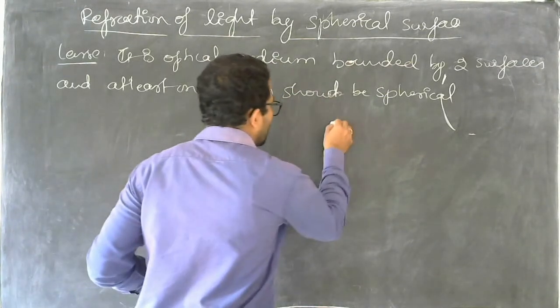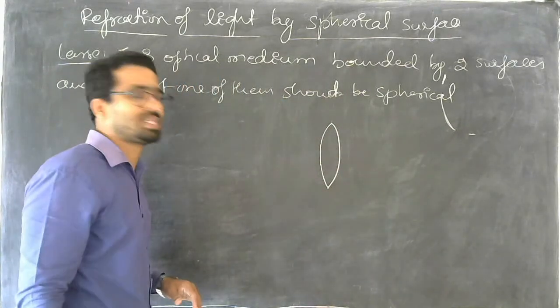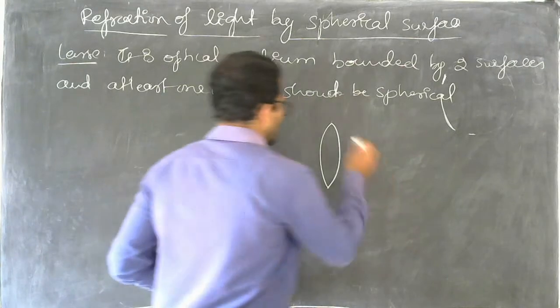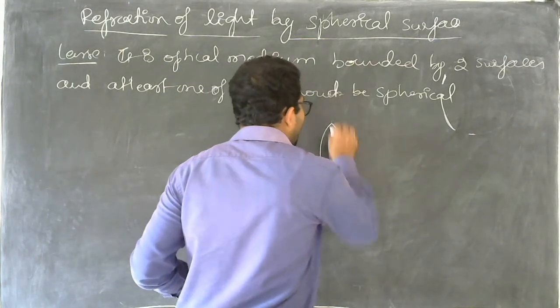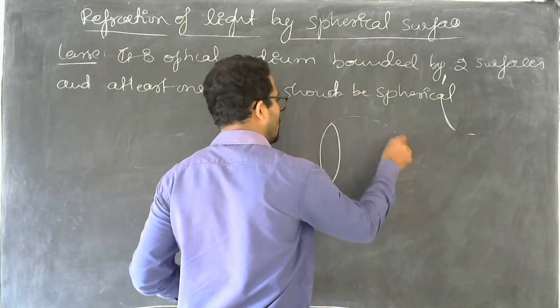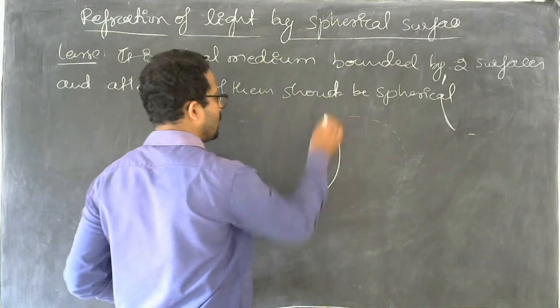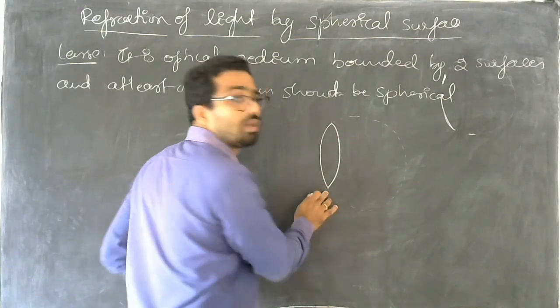Let us take a convex lens. This is the convex lens. See, this convex lens has two spherical surfaces. This is one sphere, this is the other sphere, and part of each we have drawn here.